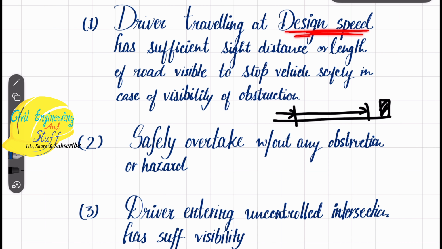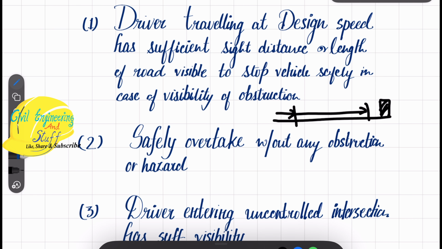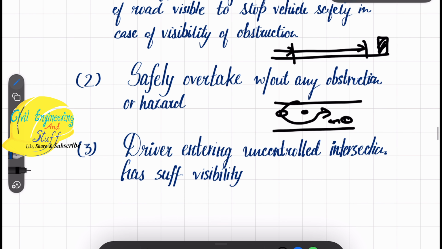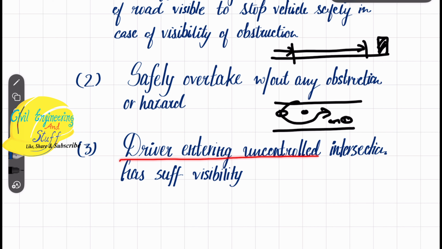In all the discussion that we are going to do, we are assuming that the vehicle is moving at a design speed. So when the vehicle is moving at a design speed, it can safely overtake a slower moving vehicle without causing any trouble to the neighboring vehicles. And then the vehicle entering the uncontrolled intersection has sufficient visibility. All right, so that is the overall aim for designing the sight distance on the road.